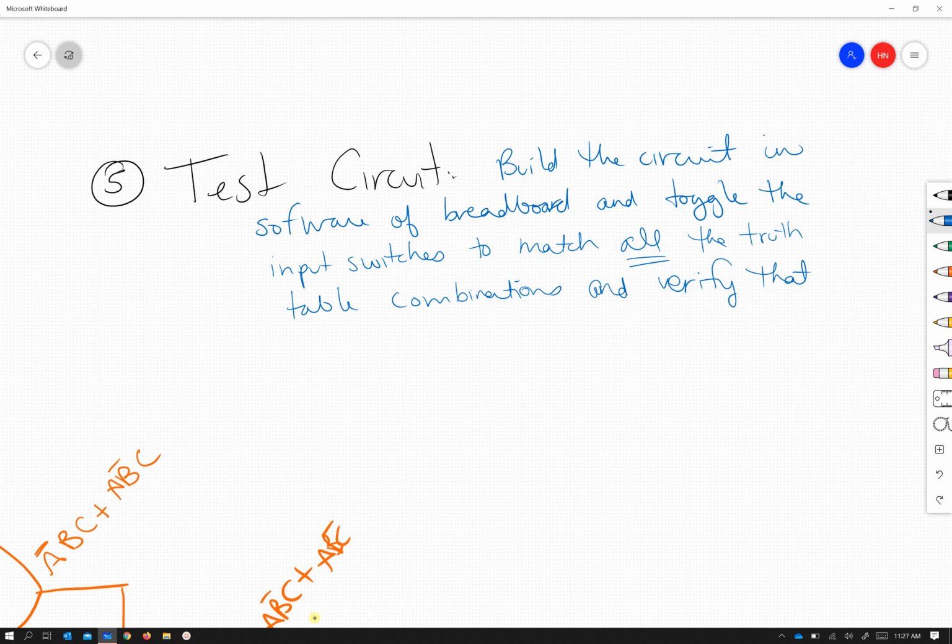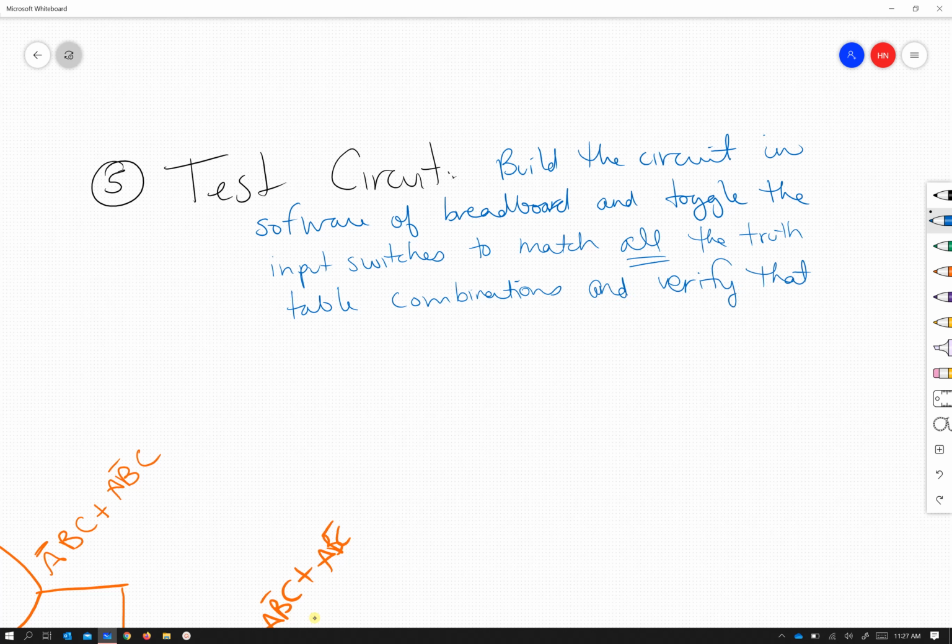Again, that one I would only be able to show you if I had the circuit built, which I don't in this case, but that's the process. And again, if you did it right, you would only get those 3 combinations to show the output.